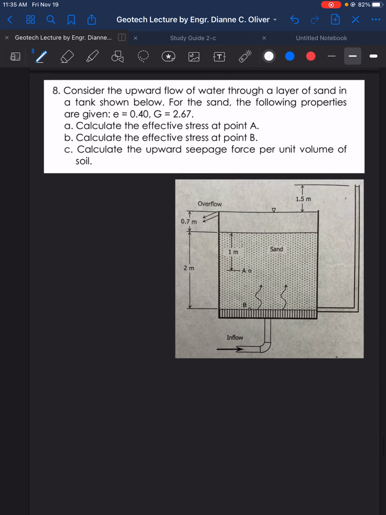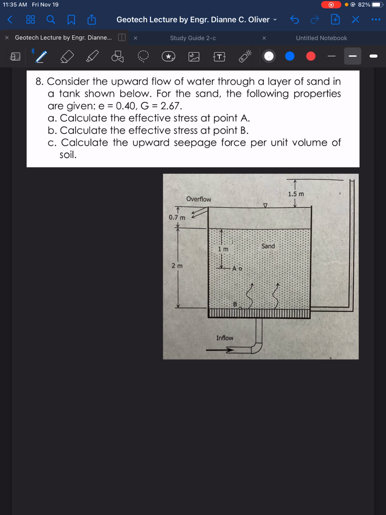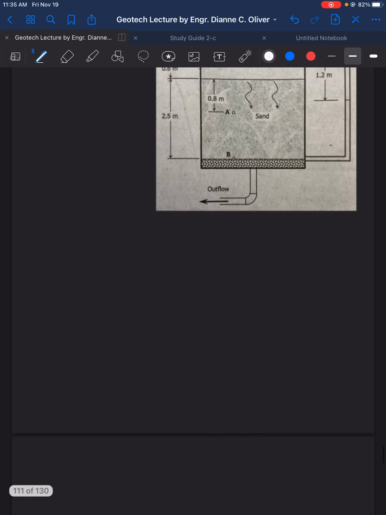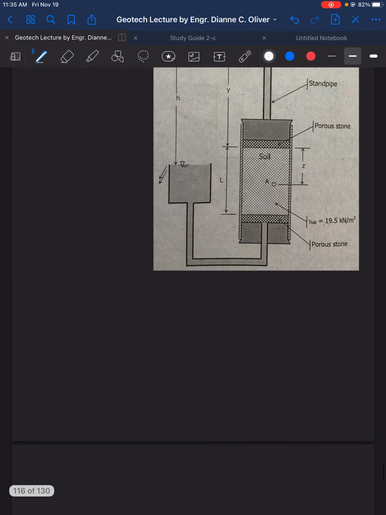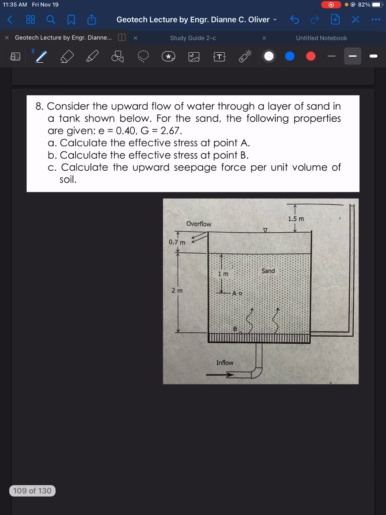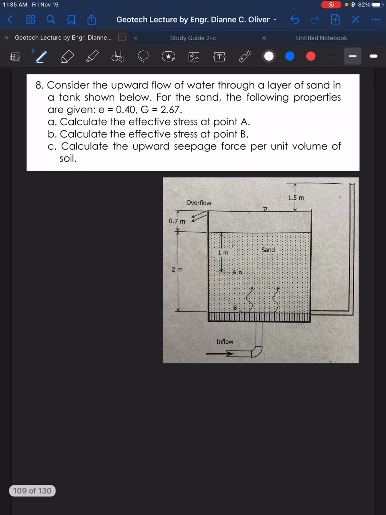The next, number 8. Now how many items do we have here? 9, 10, 11. So there's up to 11. Number 8: Consider the upward flow of water through a layer of sand in a tank shown below.